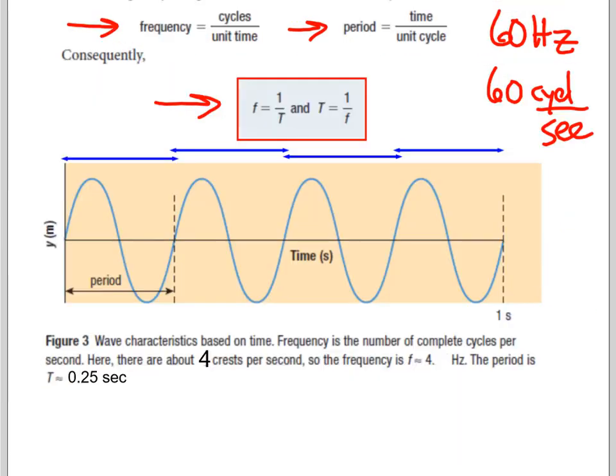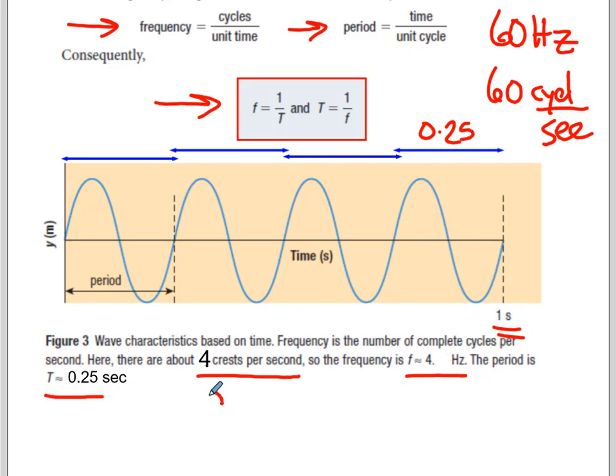Let's have a quick look down here. This is 1 second, and you have 4 complete cycles in 1 second. So if you have 4 crests per second, that means you have a frequency of 4 hertz. The period is the time for one complete cycle. If this is 1 second, each one of these has to be 0.25 seconds, so the period is 0.25.